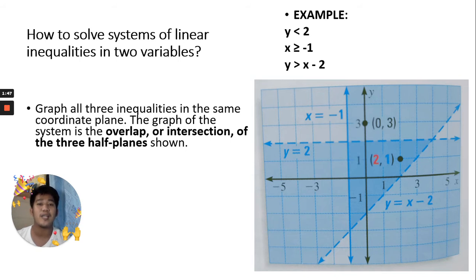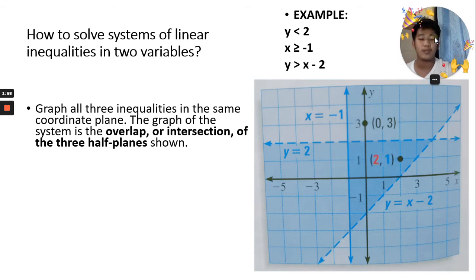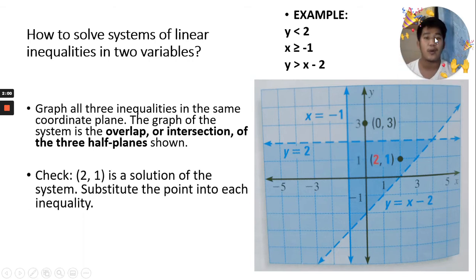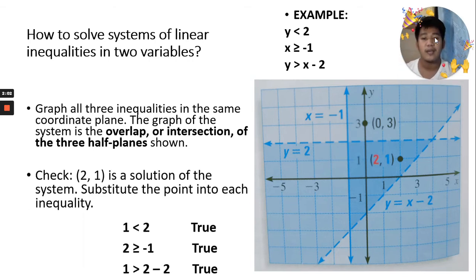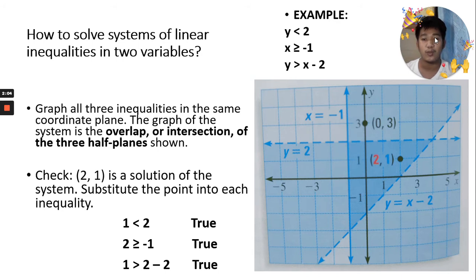Okay, all the points lying on the shaded region are the solutions to the system of linear inequalities. Example is 2 and 1. Let's use that point, 2 and 1, and then we're going to substitute that to the three inequalities, and it will give us a true statement.